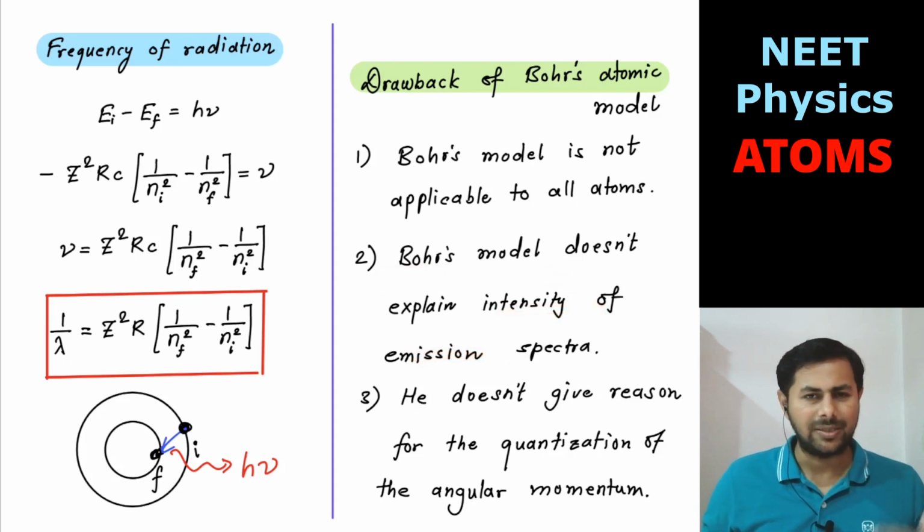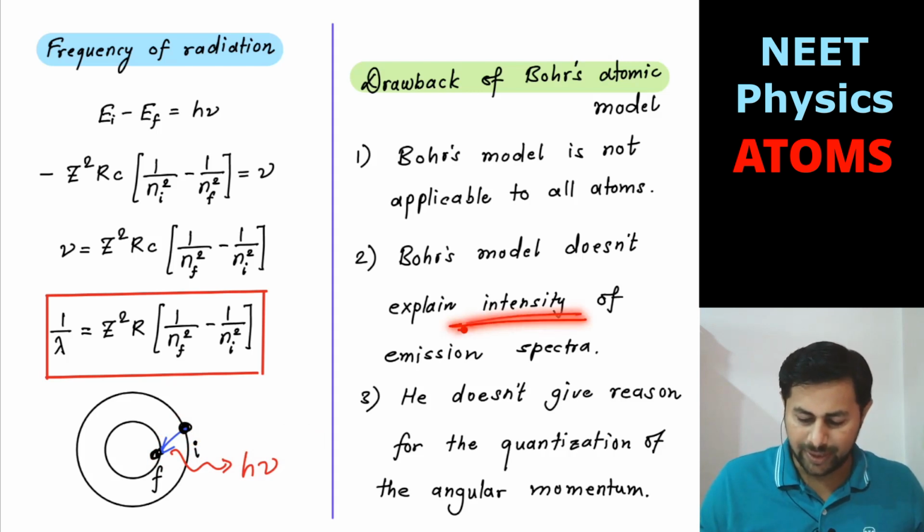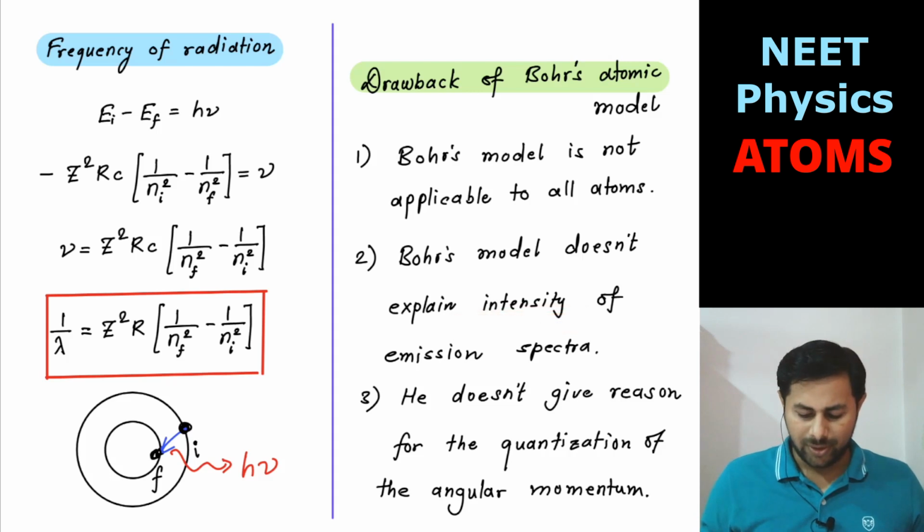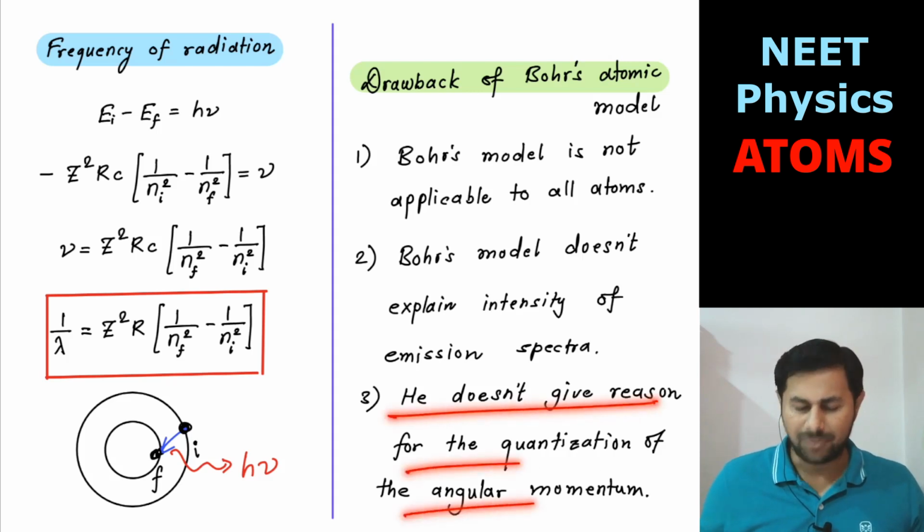It explains the origin of spectra, that when an electron jumps from a higher to a lower orbit, it emits a photon, but it does not explain the intensity. The intensity of which frequency or which spectral line would be how much is not explained by Bohr's model, right?